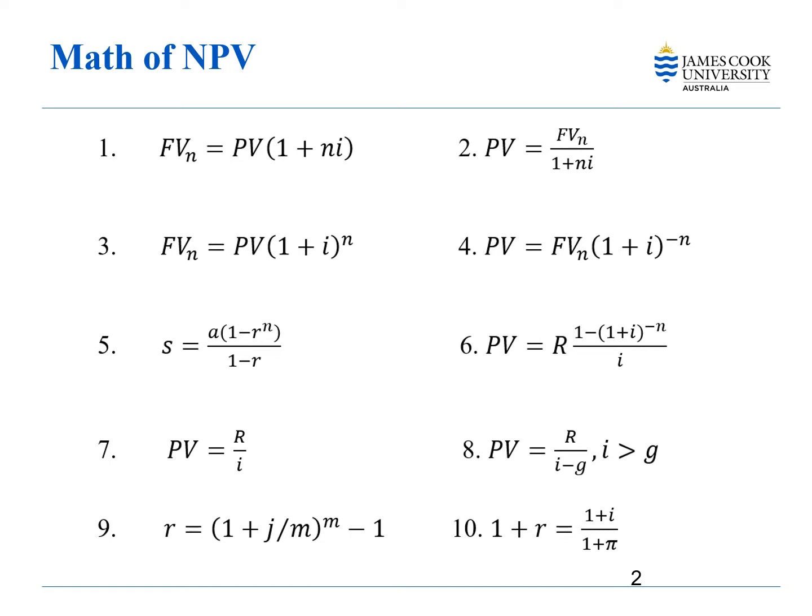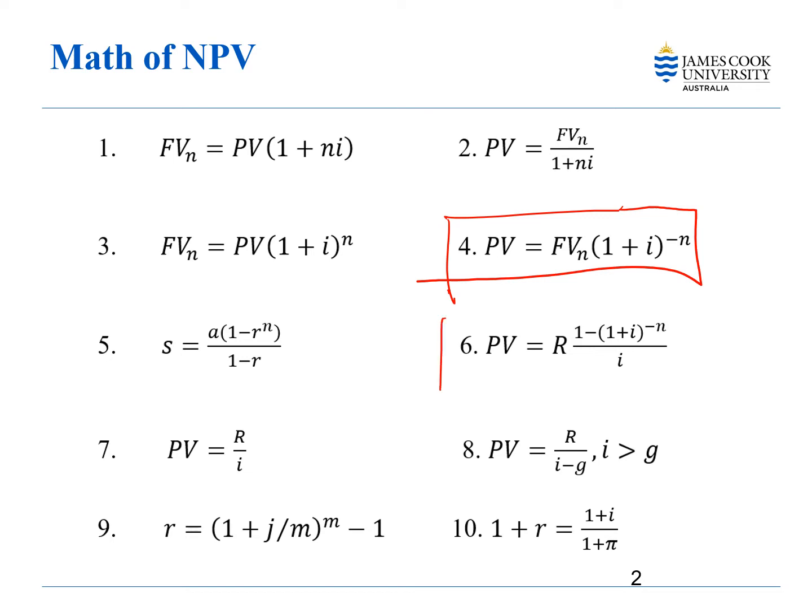And in such cases, we want to discount all future dollars back to present times. So we need to use Formula 4. Formula 4 is the main formula we want to use for our purpose.